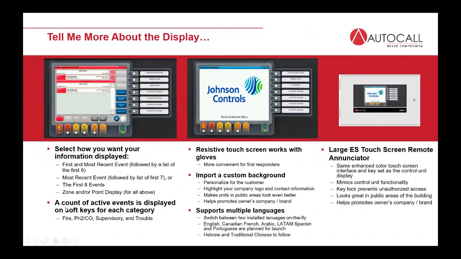So a little more detail on the new ES touchscreen display. Similar to info alarm, you'll have the ability for each individual type of event, fire, priority 2, trouble, supervisory, to program the panel to display. You'll have 3 different choices for what type of display you want. You could display the first and most recent event at the top of the display, highlighting those 2 events.